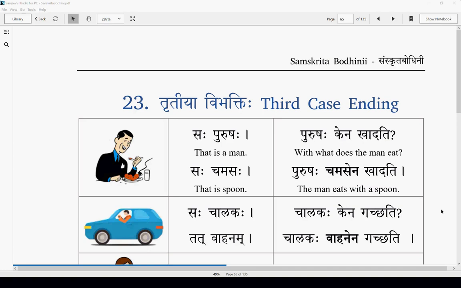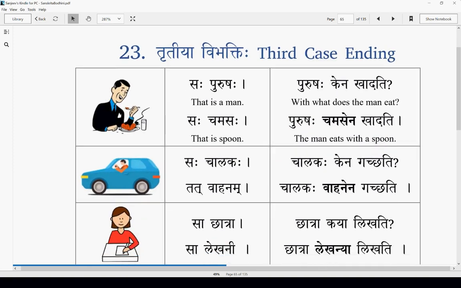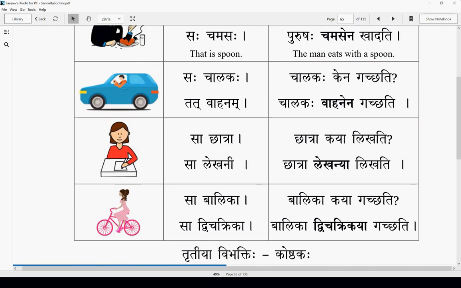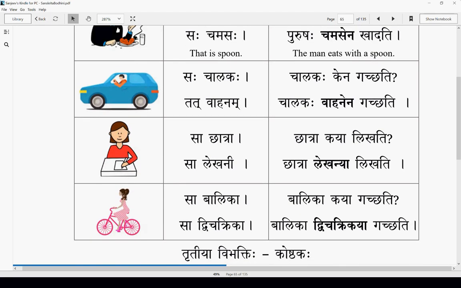So that is not the instrument. The performer is Purusha. That is why it is in Prathama Vibhakti, Purushaha. And Chamasena is an instrument, using which the action is performed. Okay, next sentence.